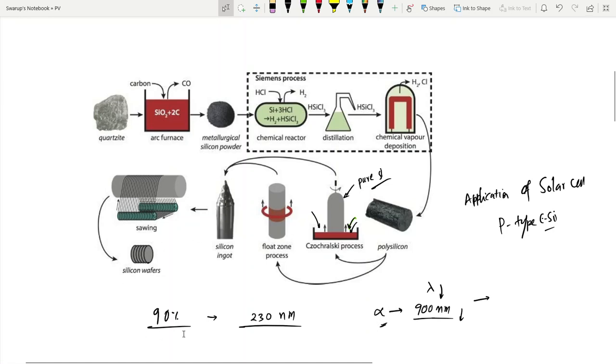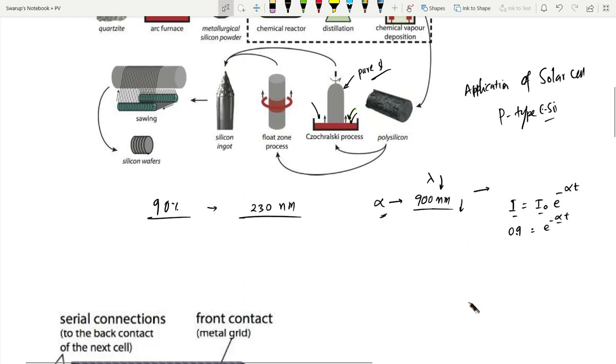Now from Beer-Lambert's law, I equals I0 e to the power minus alpha t, right? This I by I0 we are taking as 90%, so 0.9 should be e to the power minus alpha t. Alpha you will get from the absorption curve, and then you can easily find the required thickness for this silicon wafer.